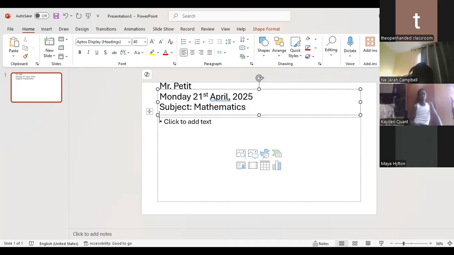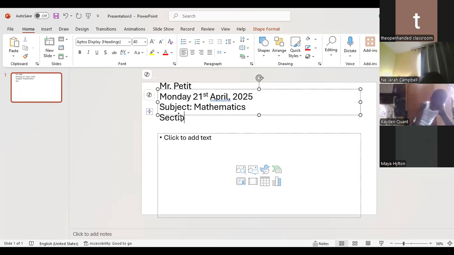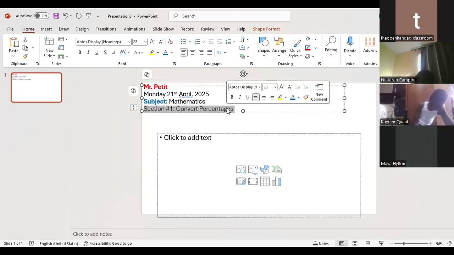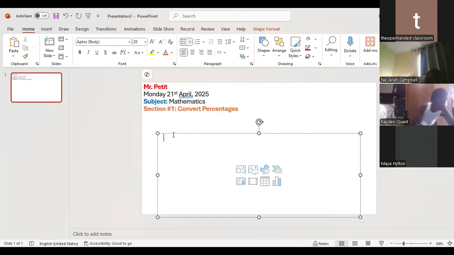All right, and we're going to look at section 1, converting percentages. All right, so let's go.